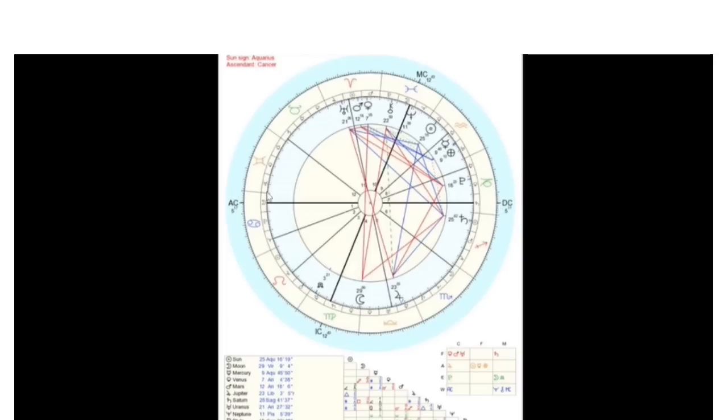Now, if the first house is the girls, or the person in question, excuse me, got hiccups, excuse me, then it stands to reason that the very opposite house, or that very opposite axis point, the 7th house, represents the suspect or the killer. So we have the victim here and then the suspect here.